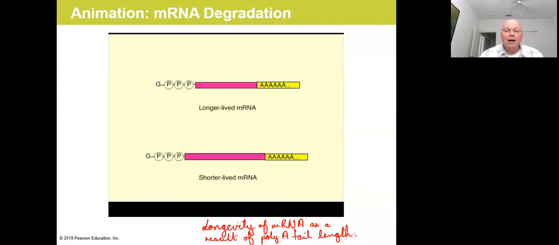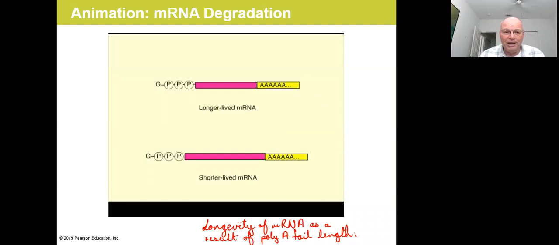So again, by regulating how long the messenger RNA is active in the cytoplasm, you are again regulating the gene expression, because if the messenger RNA is around for a long time, some messenger RNAs can be present for weeks, then it's available for translation during all of that time, and you can make a lot of protein from that messenger RNA over the course of time that messenger RNA is around.